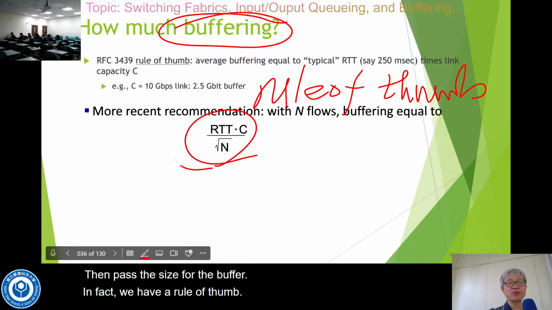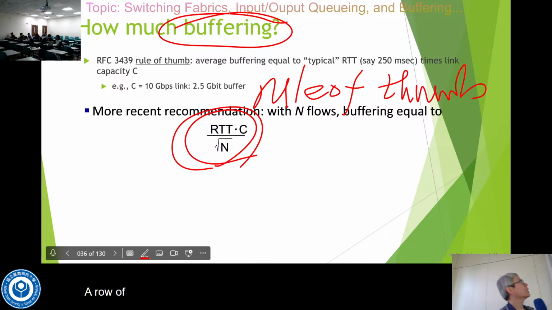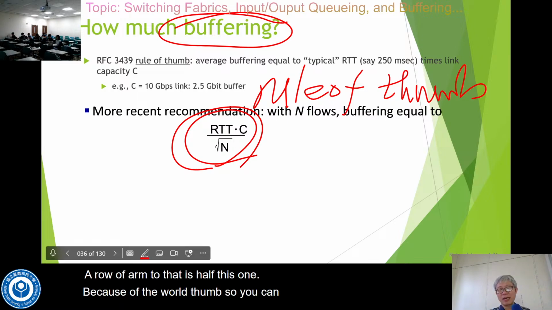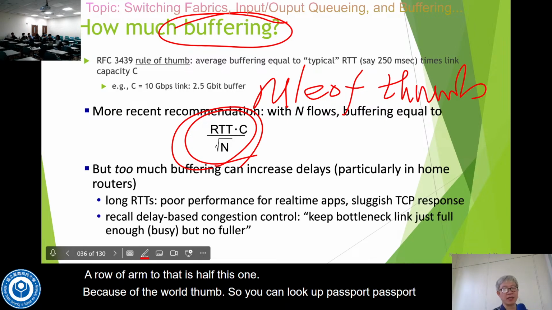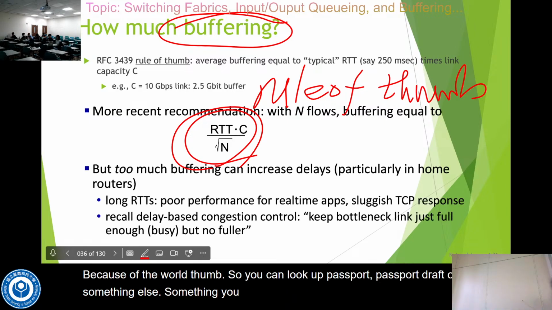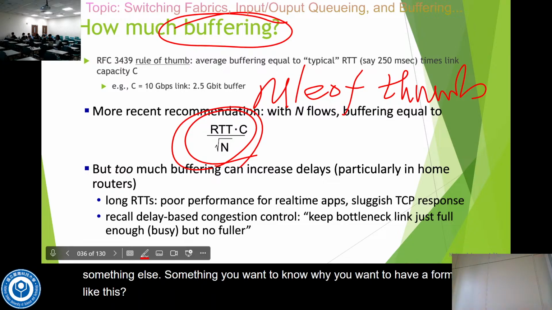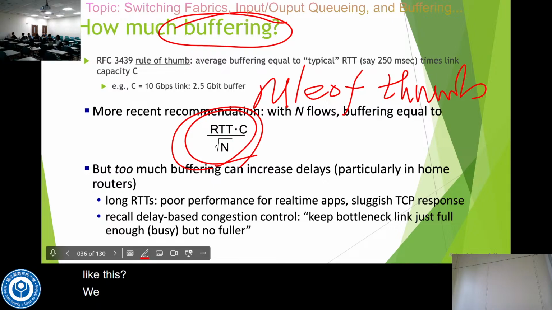You can look up the draft or something else to see why we have a formula like this, to determine the possible size.